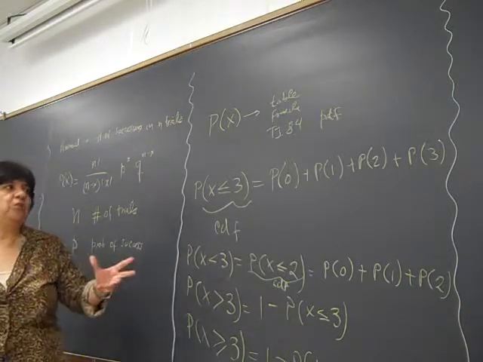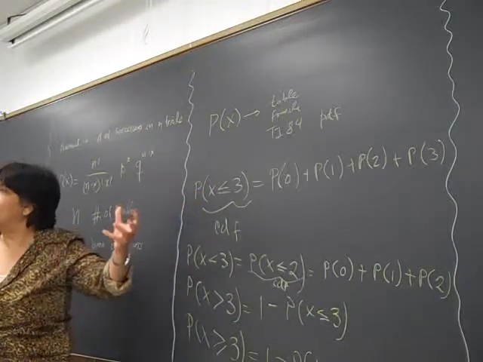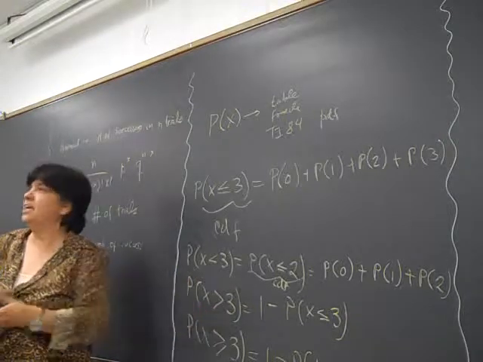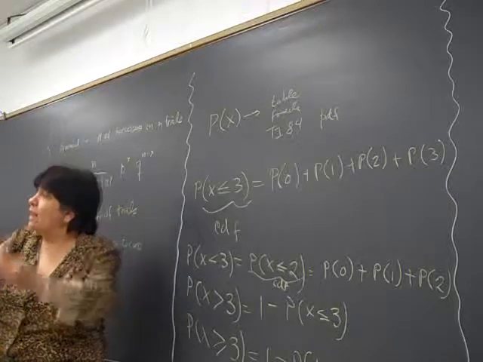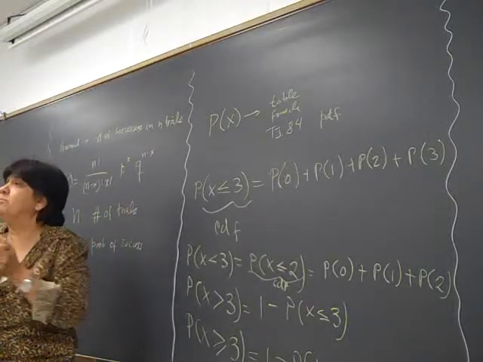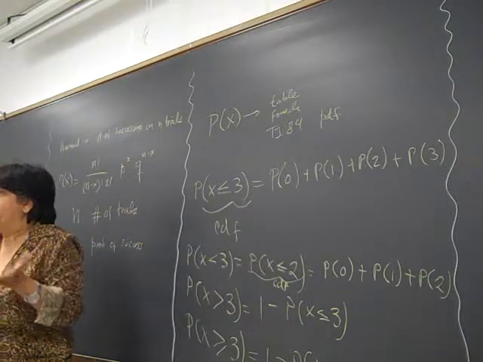I just want to make sure that you know how to do that in your calculator, and that you realize that when I ask you for the greater, it has to be the complement, or you have to go through each one of the n steps. But I don't want you to work more than you should.